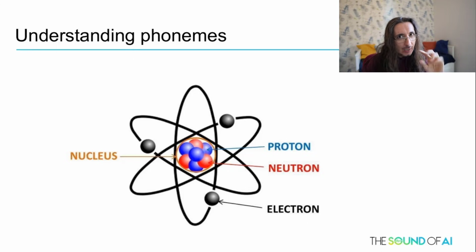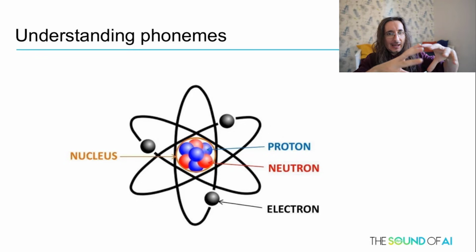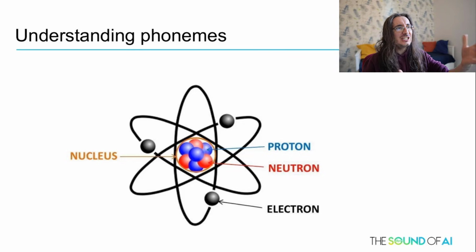So these particles are the necessary individual elements that make up the entire nucleus. So in this case, the analogy would go, the word is the entire atom, and the phonemes would be the protons and the neutrons stuck together.